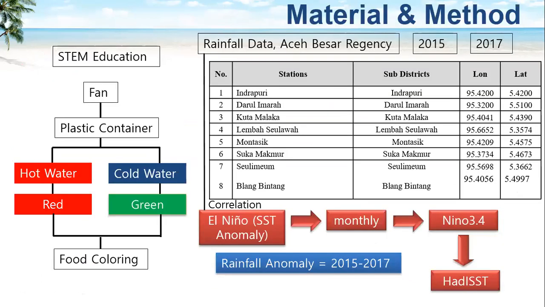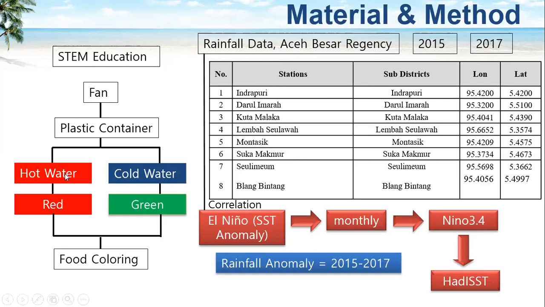Here, in this research, we set up STEM educations as well as to investigate the reduction of rainfall in Aceh Besar Regency. So for STEM educations, we provide a fan and a plastic container. Here we fill the plastic container with hot and cold water.